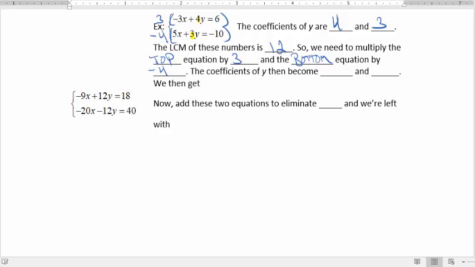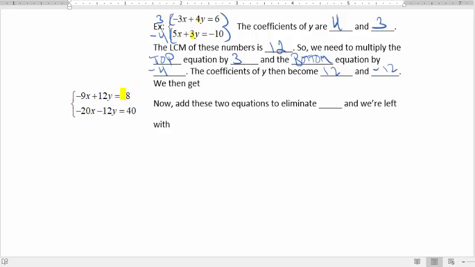So I'm going to multiply the bottom equation by negative 4, because then I'll end up having a 12 and a negative 12 as my y coefficients. So then they can cancel out. So you can see how we get to our second step here just by multiplying each piece. Okay, so negative 9x plus 12y equals 18, and negative 20x minus 12y equals 40.